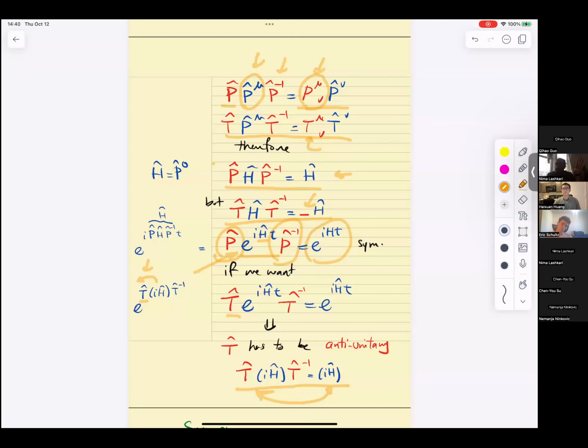And P and T were taking us in between them. So SO plus(3,1), the part that was connected to identity, is the part that we focused on. We defined scalar fields and spinors with respect to this. But there's a possibility, which is a pseudo-scalar: a field that is a scalar with respect to the connected part of the Lorentz group, but under T and P, it flips a sign.